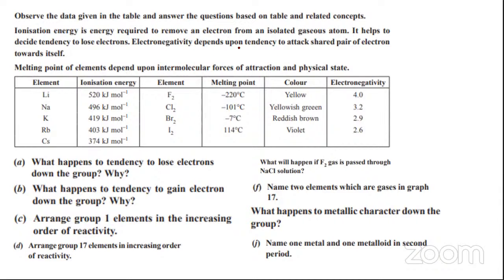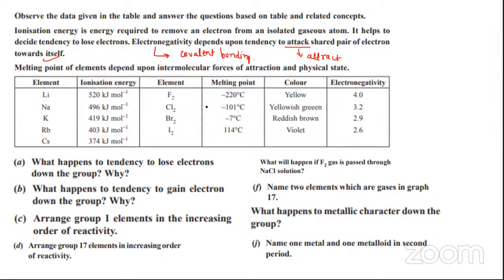And electronegativity depends upon the tendency to attract, both are correct, the shared pair of electrons towards itself. So electronegativity has a very good role in the covalent bonding that we have. It attracts the shared pair of electrons towards itself, right?